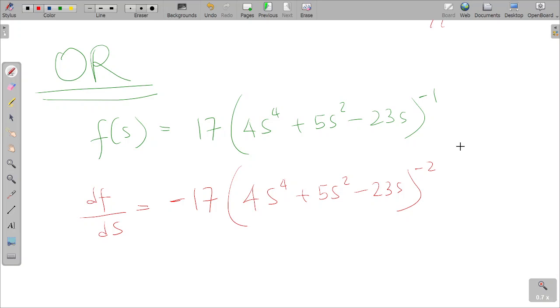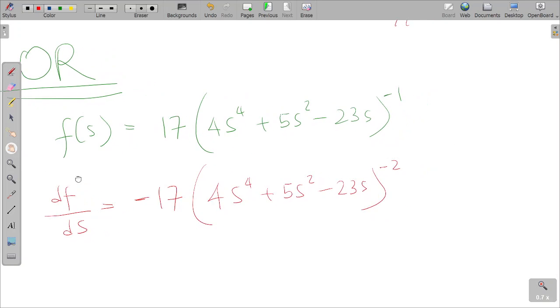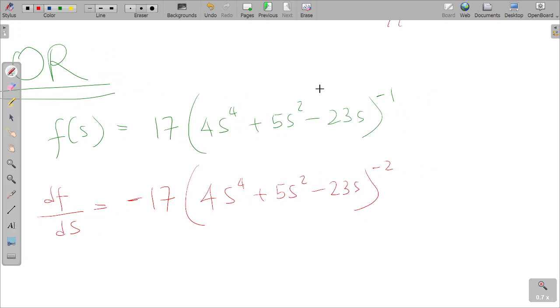Okay, so this is the derivative of the outer function. Now we need to derive the inner function, multiplied by the derivative of the inner function, which will become 16s³ plus 10s minus 23.